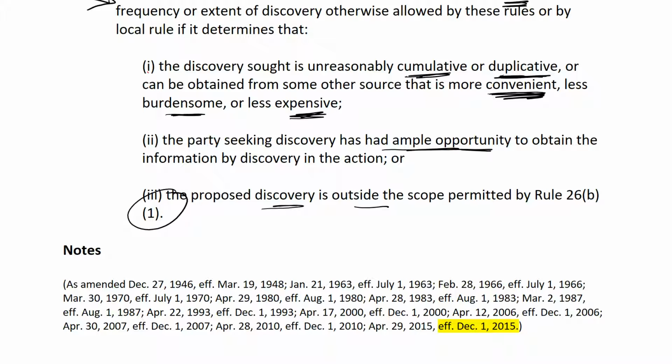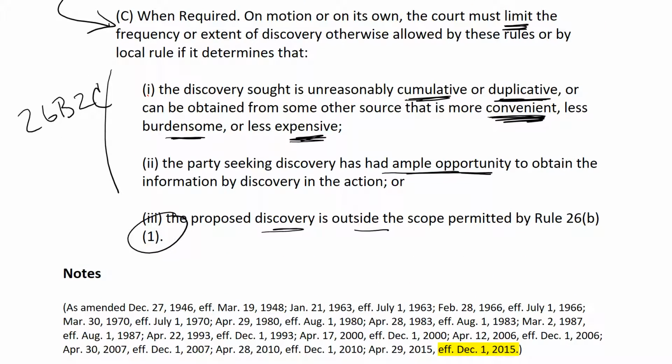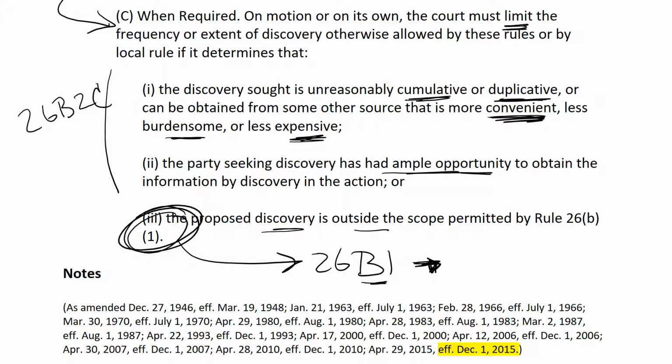Now, what's really interesting here is this right here is 26(b)(2)(C), I believe. All right, and then (b)(2)(C) incorporates 26(b)(1). And you'll recall from your reading in the video on the scope of discovery that 26(b)(1) includes relevance is required. The information should be non-privileged.